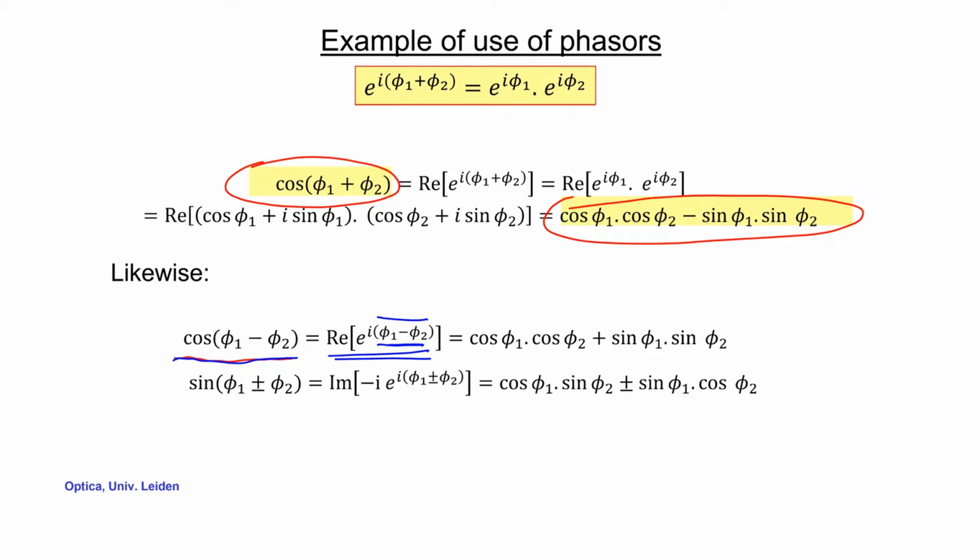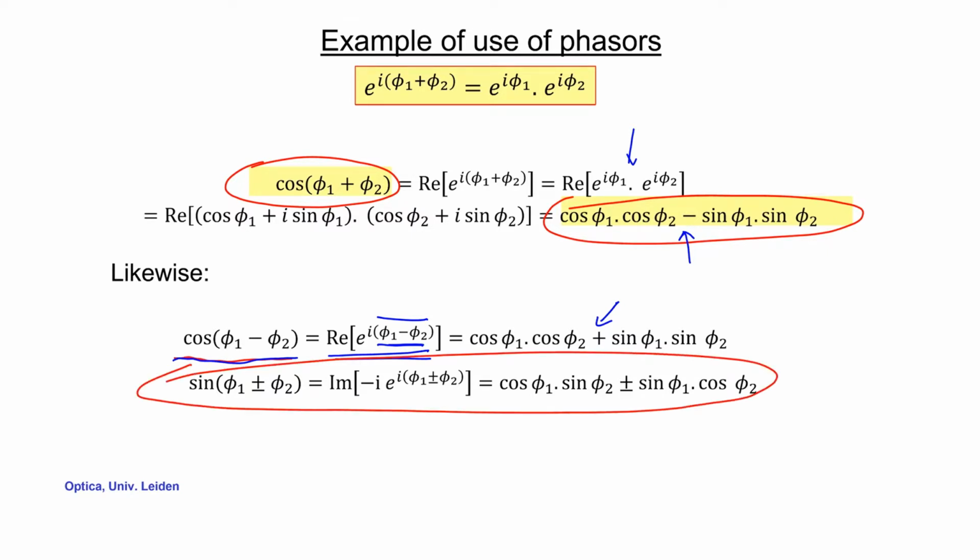You again write this as a product of exponents, same trick, and you find basically the same result apart from a difference in sign here. And the same, of course, applies for sine functions, because sine functions are the imaginary part of some complex exponents. And again, you find a very convenient relation. So easily derivable with the use of phasors.